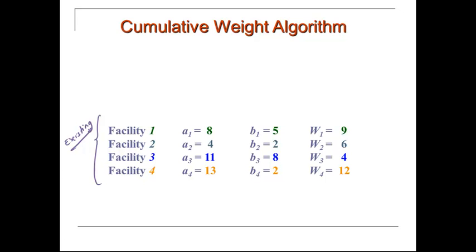And we also have a weight in terms of the distance travel or the number of trips from the existing location to the new location. So we need to make sure that we have that information in order to apply this algorithm. You need to have the location and also the weights for each one of the facilities.